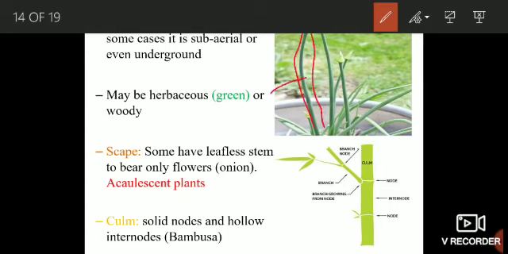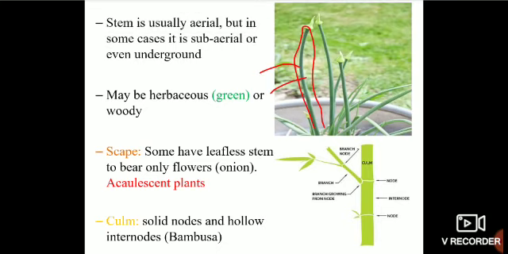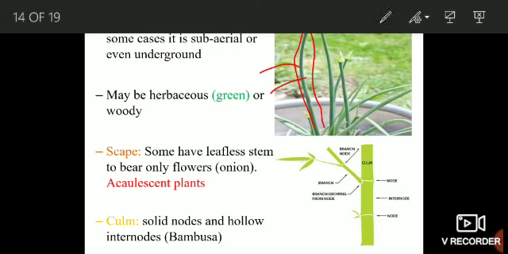They lack leaves. And these stems bear flowers at the top. You have to remember that these stems are known as scapes, and those plants which possess scapes are known as acaulescent plants. I will repeat.